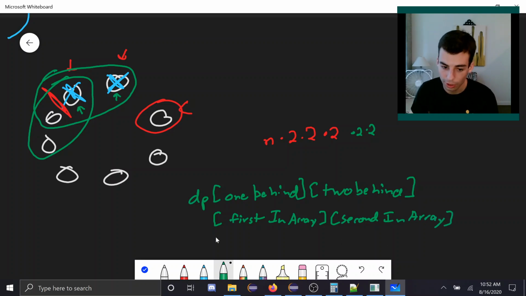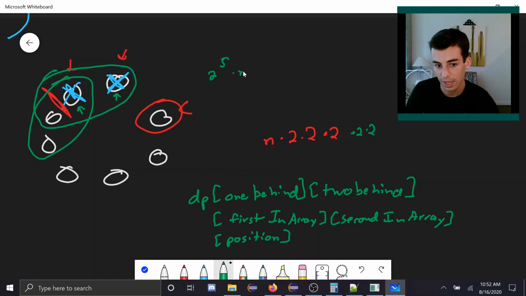And finally, what position are you at? Then you have a transition of 2. So the final runtime is 2 to the 5th times n, which is equal to 32n, which should be fast enough. It's pretty much n log n, right? Not that bad. Uses 2 to the 4th times n memory.